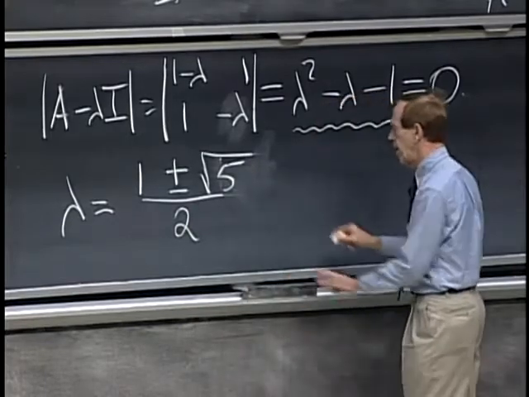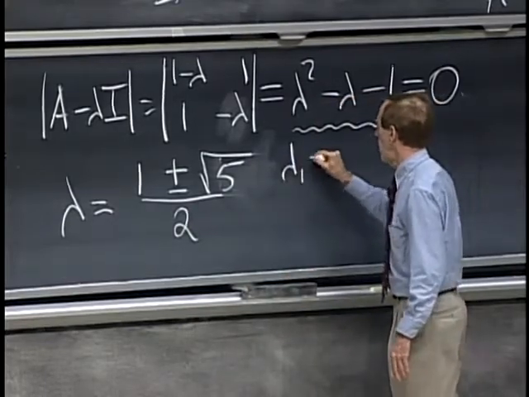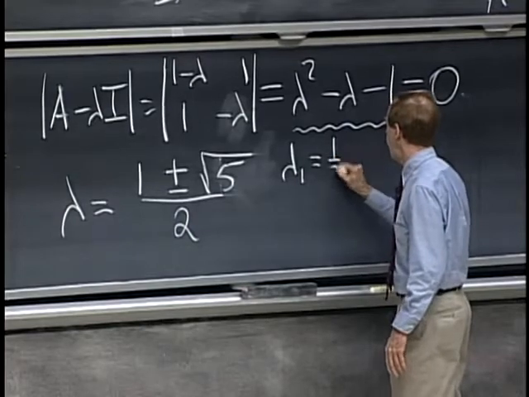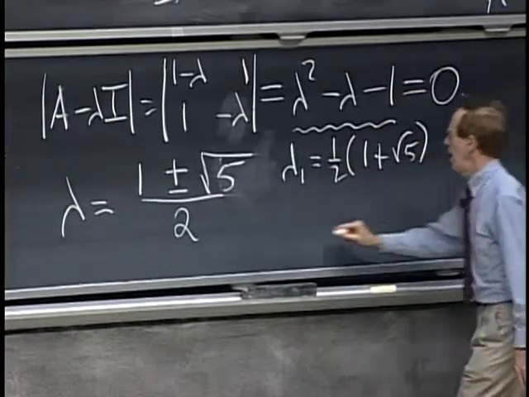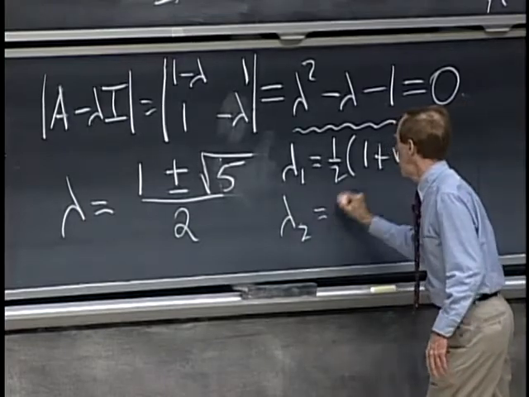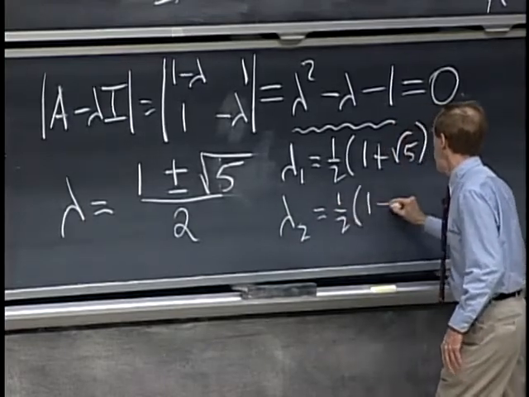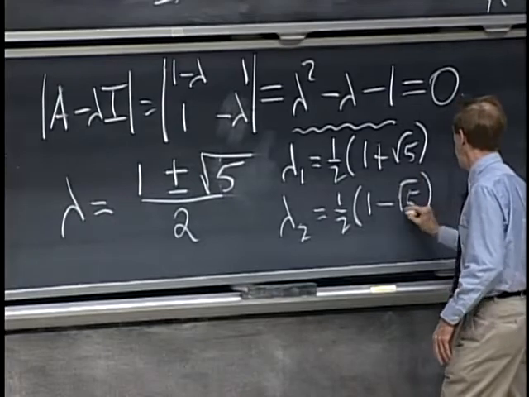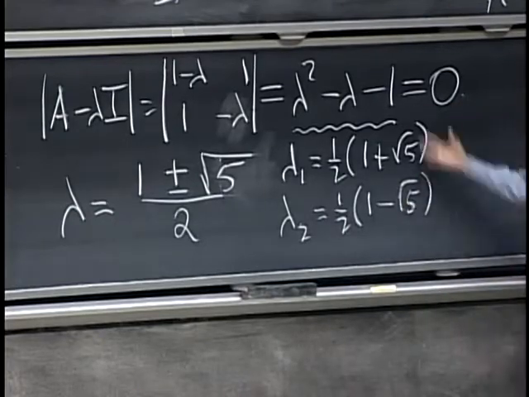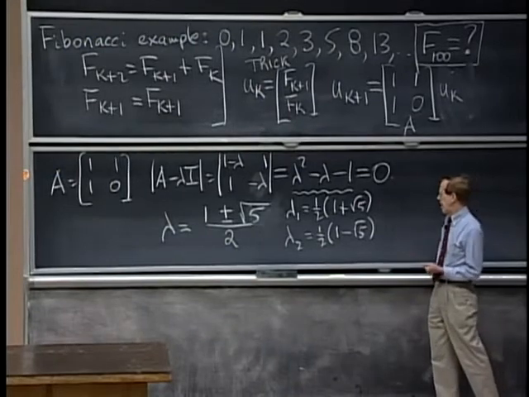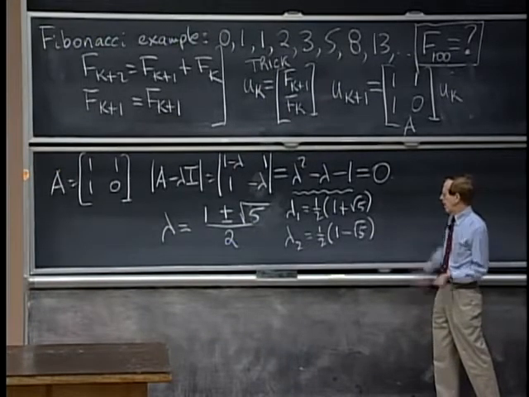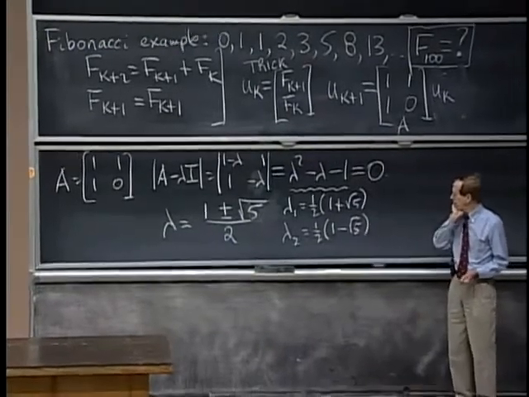So the eigenvalues are lambda 1 is 1/2 of 1 plus square root of 5, and lambda 2 is 1/2 of 1 minus square root of 5. And sure enough, those add up to 1, and they multiply to give minus 1. Okay, those are the two eigenvalues.